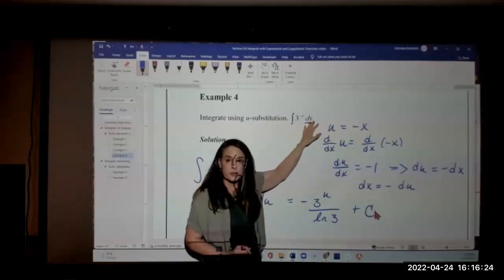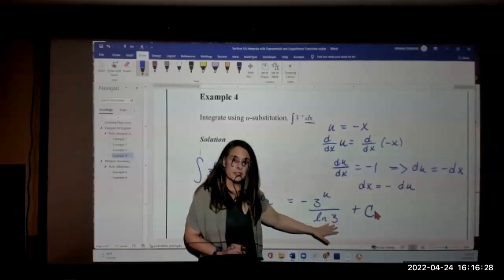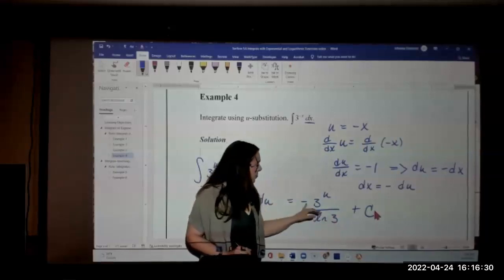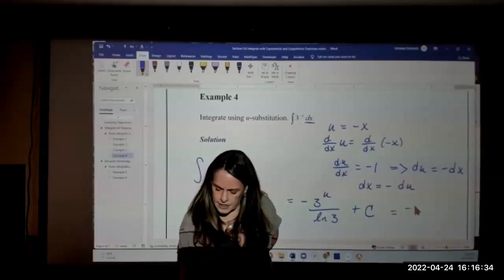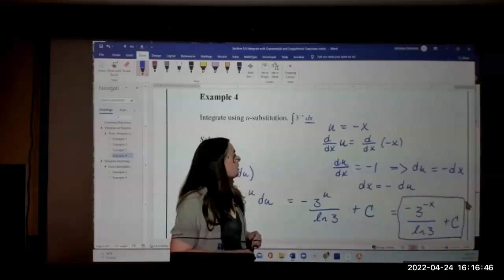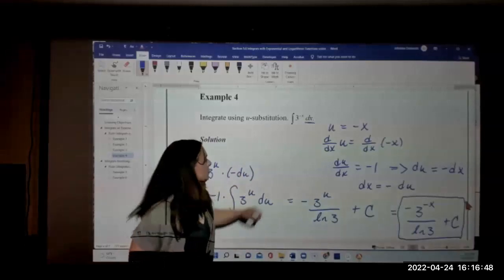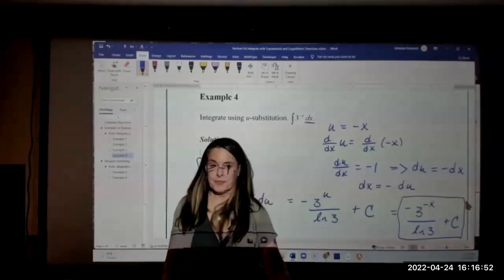Since the original integral was in terms of x, the antiderivative function needs to be in terms of x. So that gives us, as a final answer, -3 to the negative x divided by the natural log of 3 plus a constant. This is the antiderivative function of the original integrand function 3 to the negative x power.